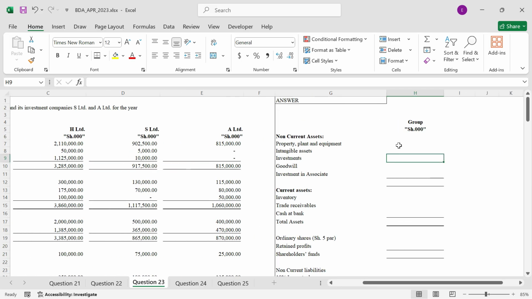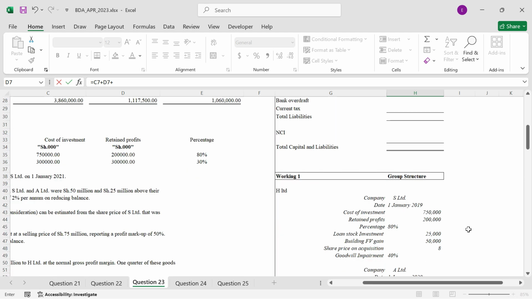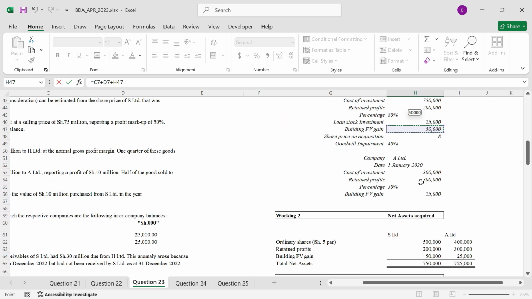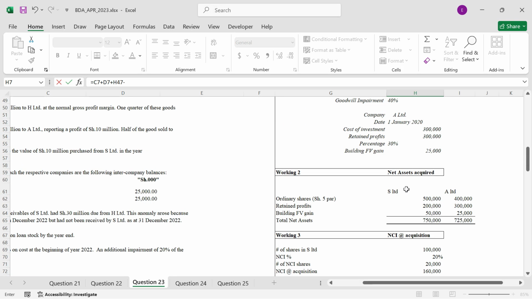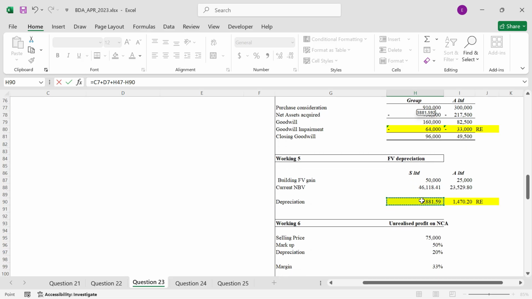So for my PPE, I have my parent value plus the subsidiary value. I need to add any fair value gain that I had. I had a fair value of 50 for my subsidiary S. I need to less any of that fair value depreciation, which was 38.1.